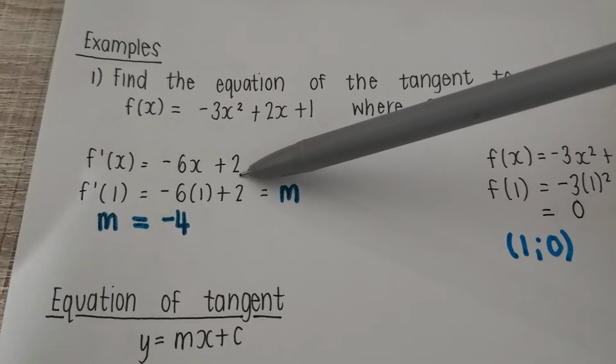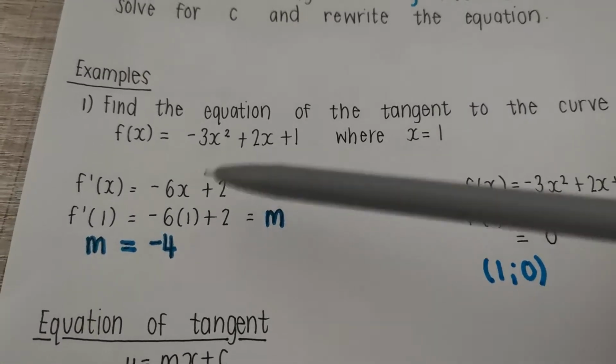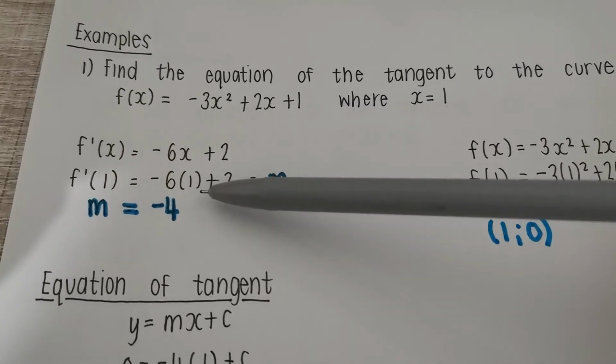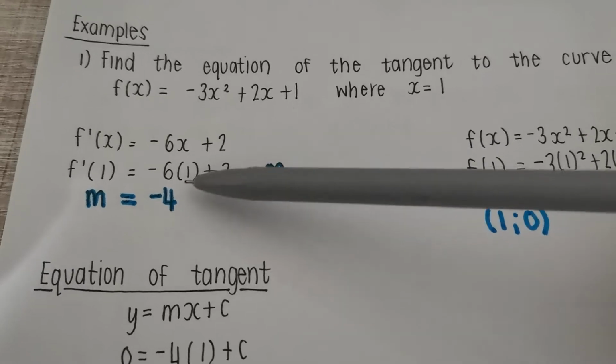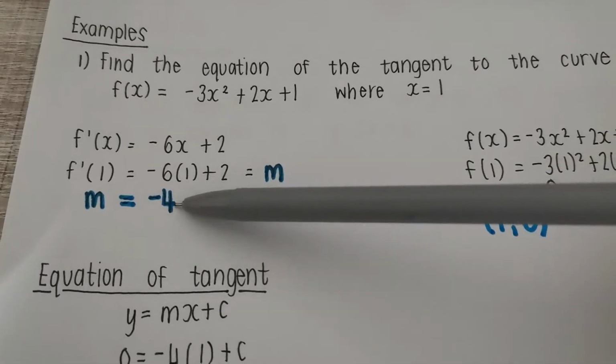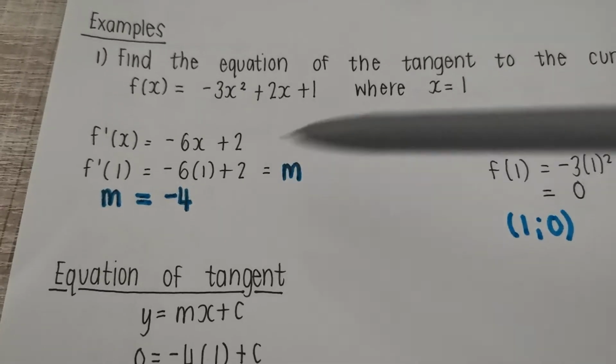The derivative of this would be 2. Now, this point was given at 1, so I'm going to sub this 1 into the place of x, and you can show the substitution and then work it out on your calculator or mentally, and we get m is equal to negative 4. So this is the gradient of my tangent.